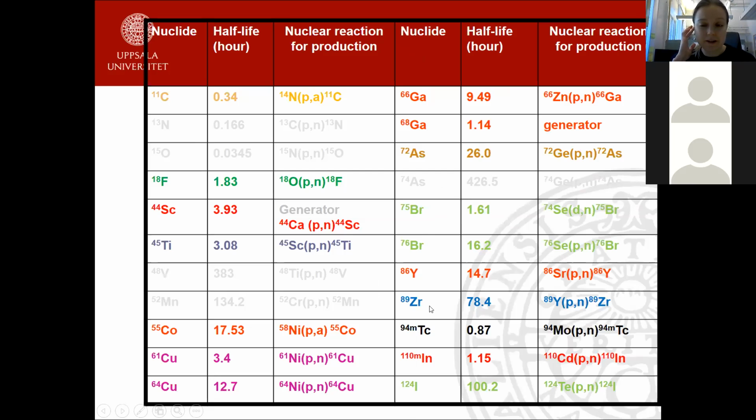So on this slide, you can see once again the same table as we have seen before, but right now we have different colors for every type of labeling chemistry that we can use. So you can really see that even if, as you can think, radiolabeling is the same, in reality, it's actually not the same for every kind of radionuclide.